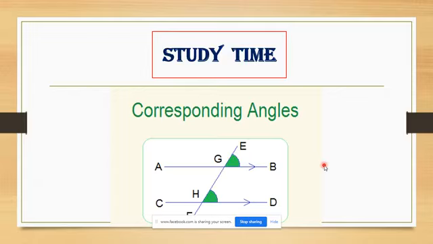Okay? And if possible, you can write the property of corresponding angles. Of course, the lines are parallel, so you can say corresponding angles are always congruent. And write down 4 pairs of corresponding angles.